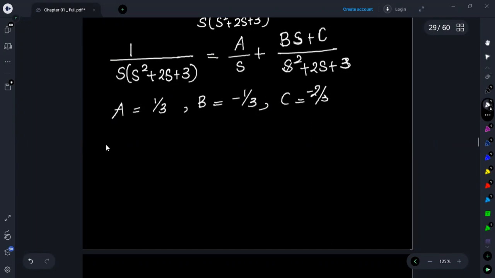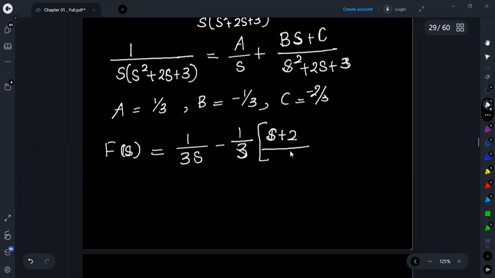So once you have obtained these answers, you can write your expression capital F of s equals 1 over 3s minus 1 over 3 times s plus 2 over s plus 1 to the power 2 plus 2.